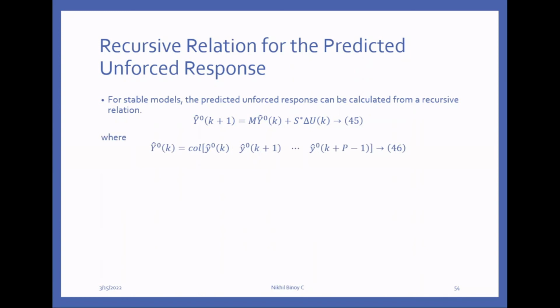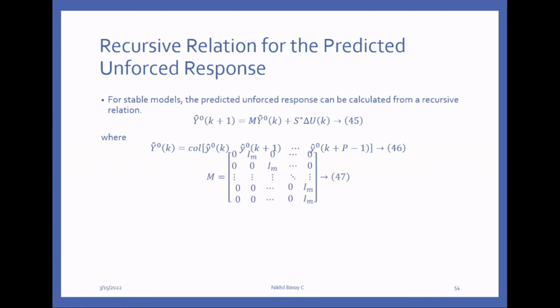where y cap 0 of k is the column vector of y cap 0 of k, y cap 0 of k plus 1, etc., y cap 0 of k plus p minus 1, meaning the p prediction horizon of that unforced y cap 0 of k.